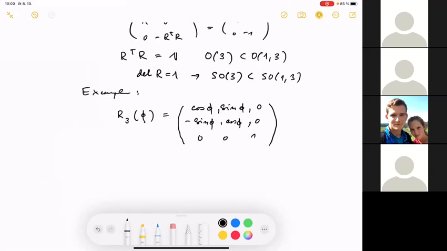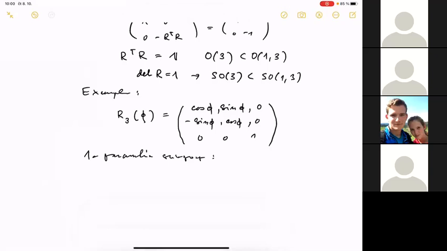It is easy to see that such rotations form a one parametric subgroup. This is an easy exercise, I can leave it to the seminar, to show that if we take R3(phi) times R3(phi'), we get R3(phi plus phi'). So this one parametric group is an abelian group.